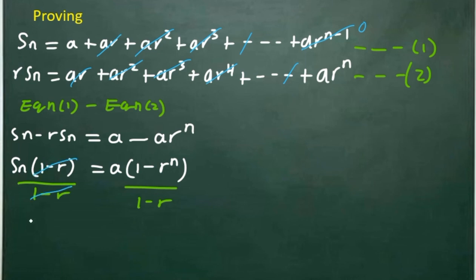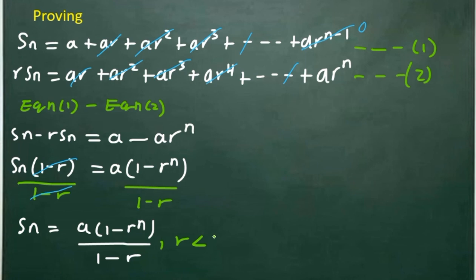What we are left with is Sn equals a into bracket 1 minus r to the n, all divided by 1 minus r. This sum of a geometric series is suitable when r is less than 1, so we can use this equation when r is less than 1.